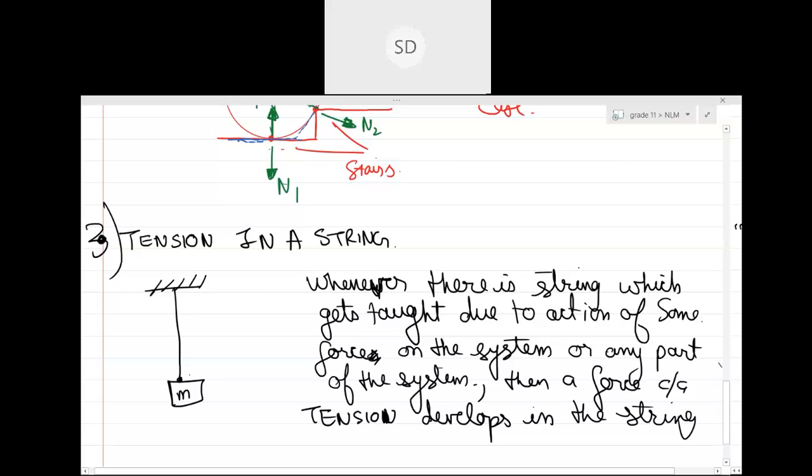So basically there is a tension in this particular string.